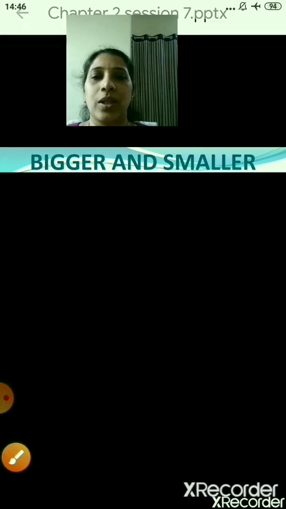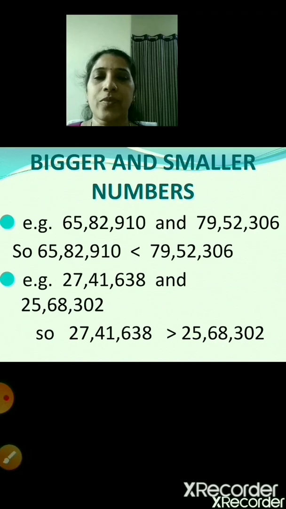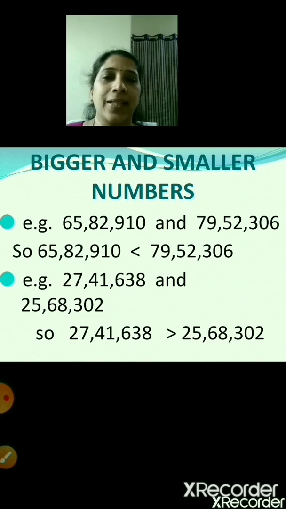Let's move to the next one. Now it is 65,82,910 and on the next side the number is 79,52,306. So it's a bigger number now, children.